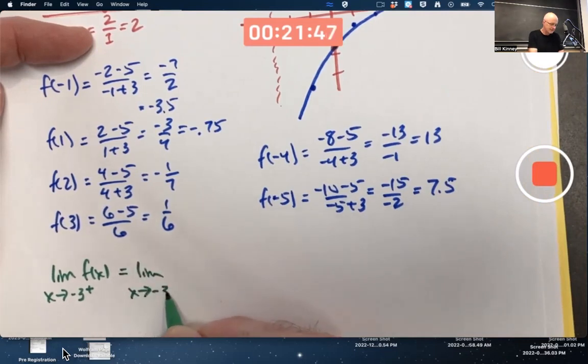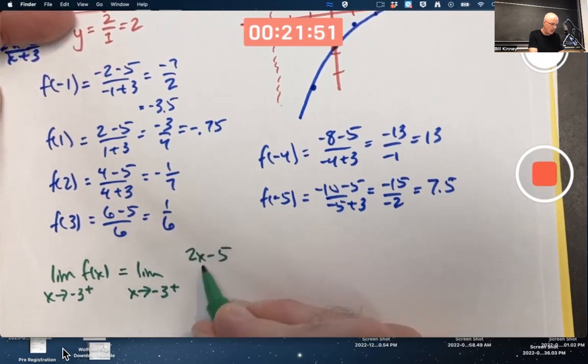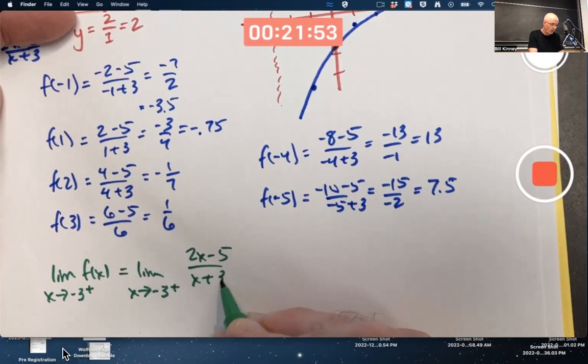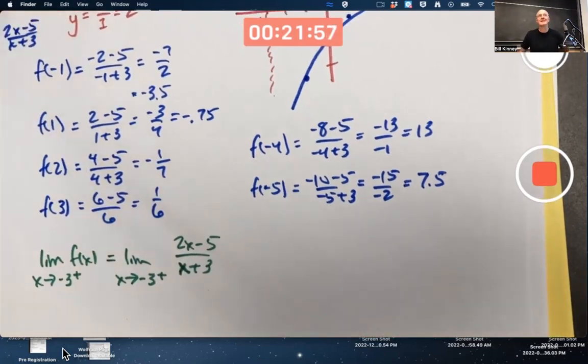Is it possible to figure out what this limit is? Well, yes and no. Why no? Well, the reason it's not possible to find this limit is because the limit's not a number. But yes, it is possible to find this limit because it's either plus or minus infinity. I know that's confusing.